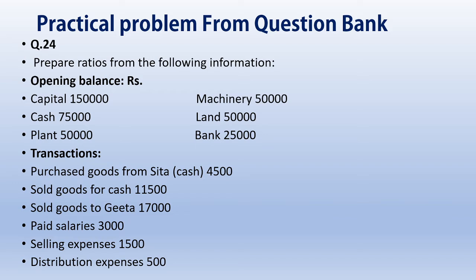All these we have to create. We can also create a group. Machinery and plant we make them tangible assets, so we are creating a group tangible assets under fixed assets.